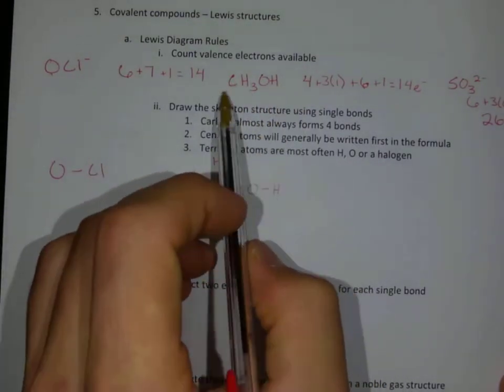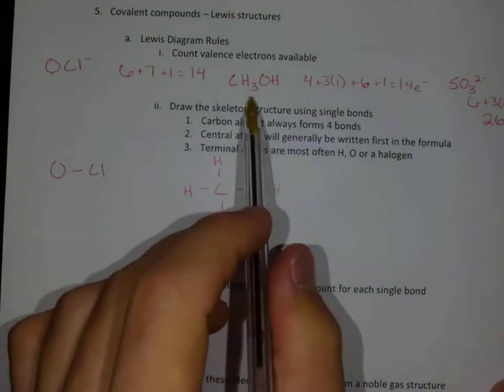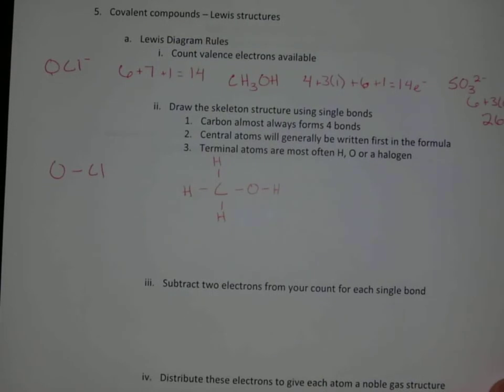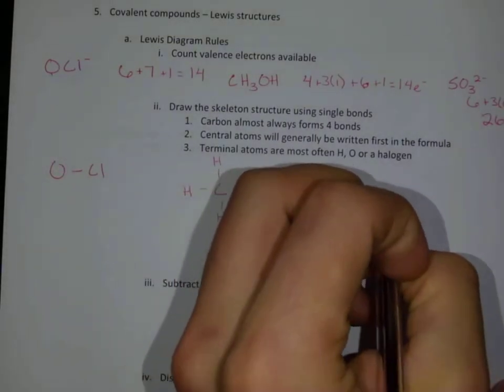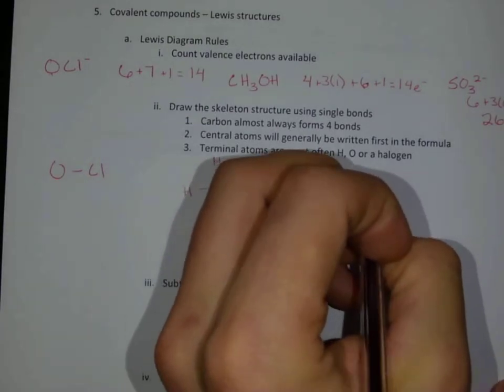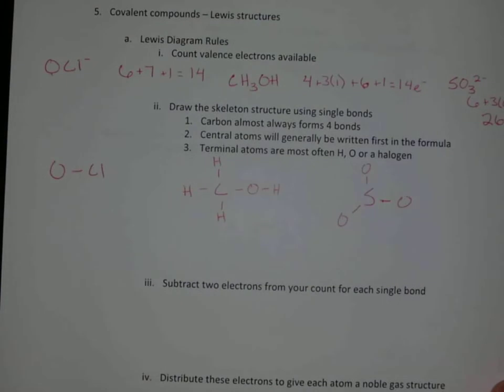Basically, the way that this molecule was written, it kind of is giving us a hint as to what the Lewis structure is, okay? The last one, SO3, we're going to put sulfur on here. It's only going to combine with our 3 oxygens, and that's going to be our skeleton structure, okay?